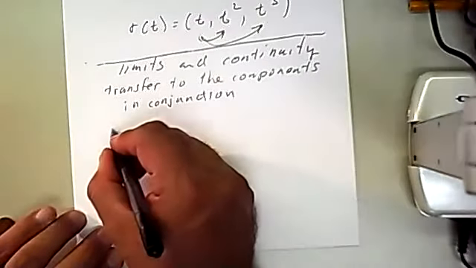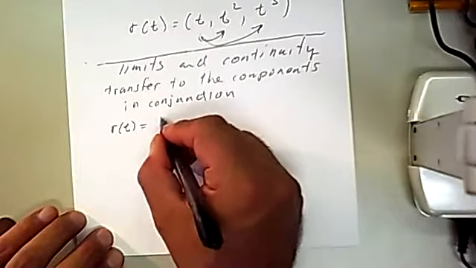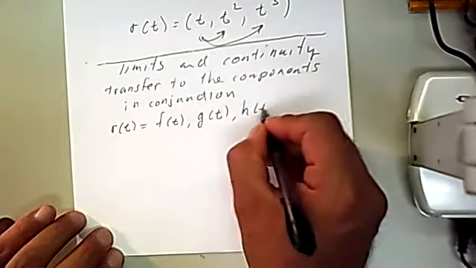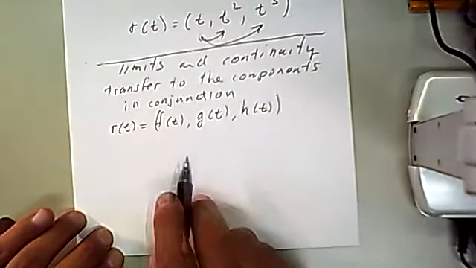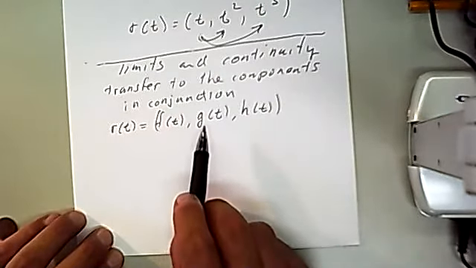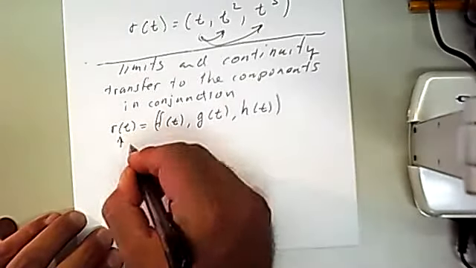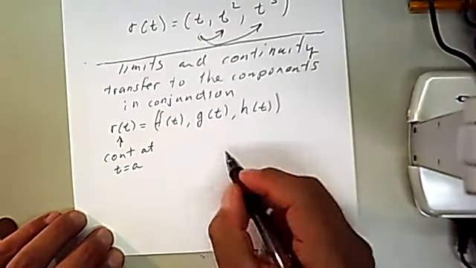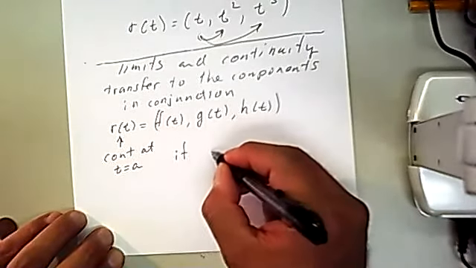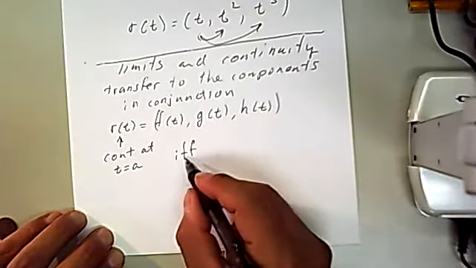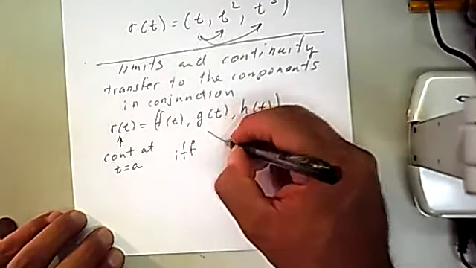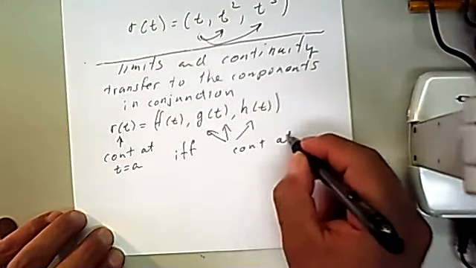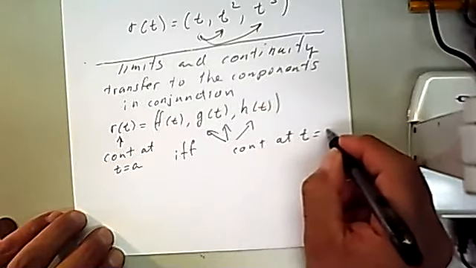So if we have R of t equals f of t, g of t, h of t, 3 real valued functions, and you want to figure out whether this is continuous, it will be continuous at t equals a if and only if, remember we use IFF to denote if and only if, those 3 are continuous at t equals a.